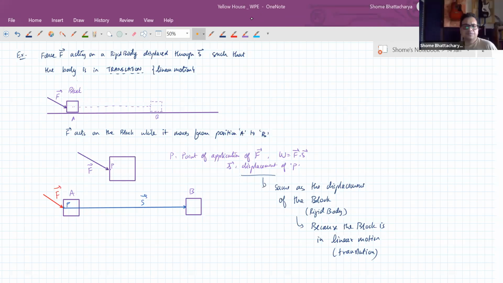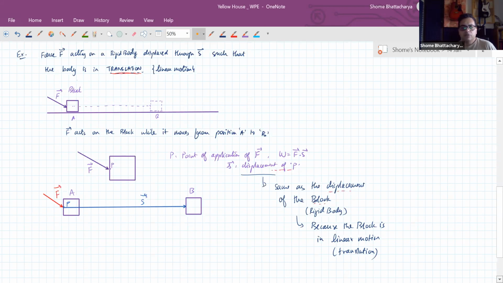Okay, so as far as our applications of work done in numerical problems in this chapter will come, we'll always be dealing with this kind of situation where the body in concern is going to be in translation. So the displacement of the point of application will always be the same as the displacement of the body or the block itself.